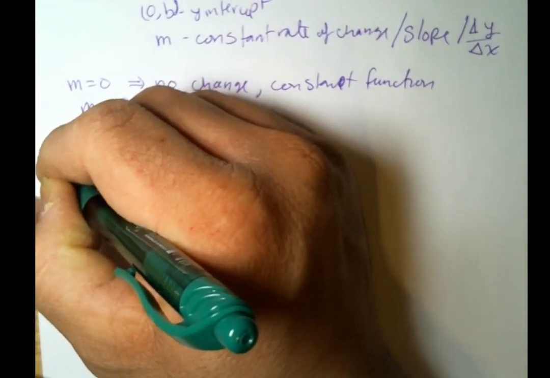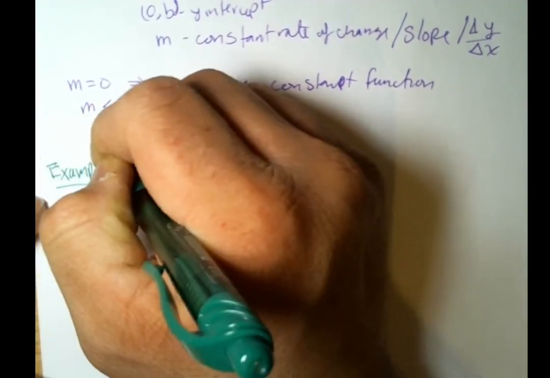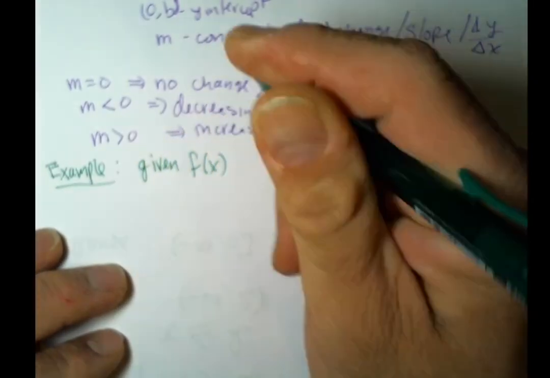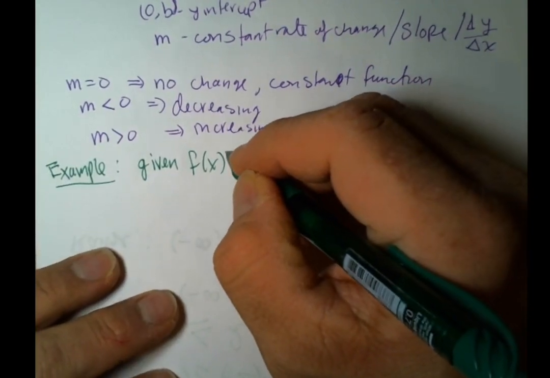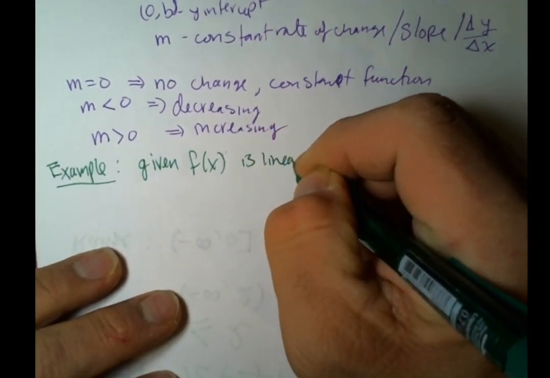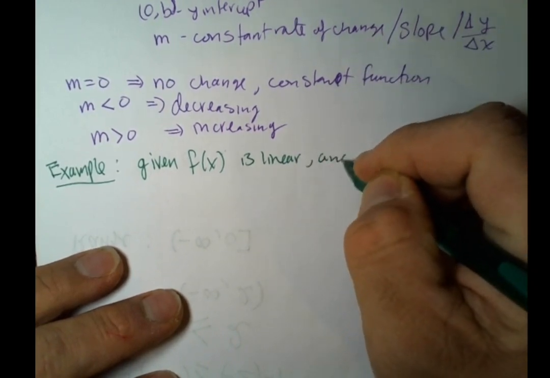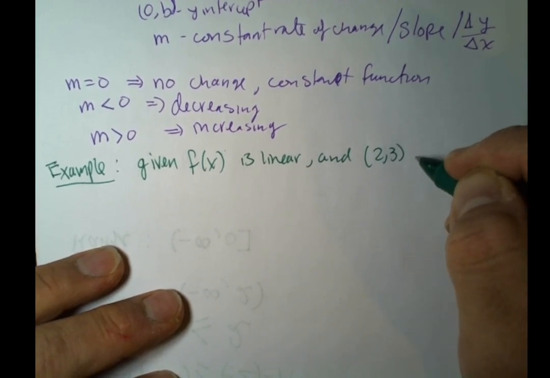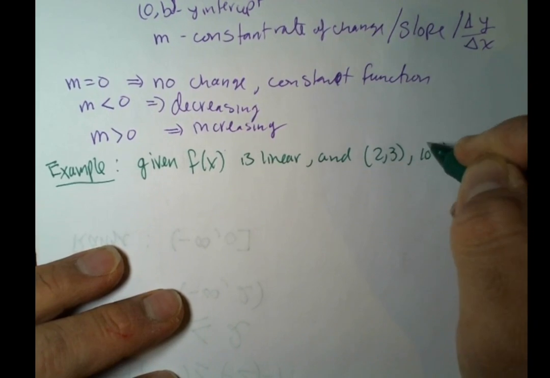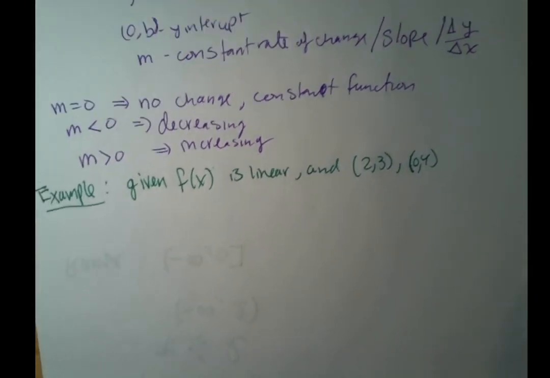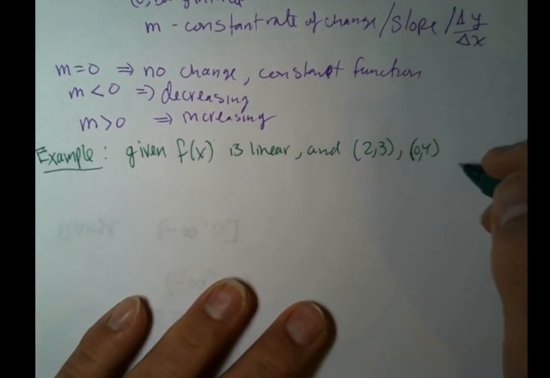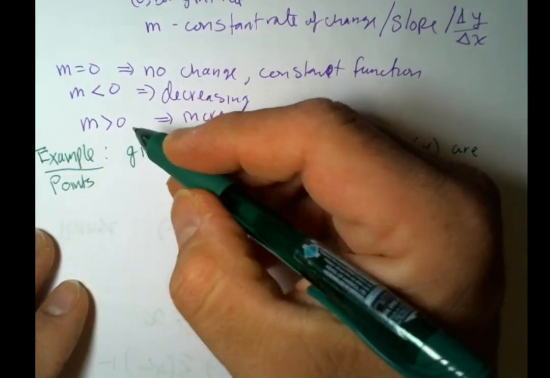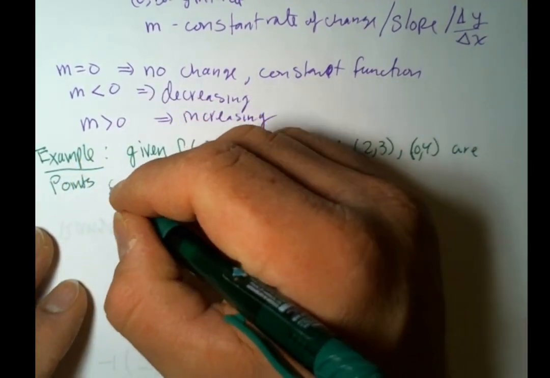Let's say we are given that f of x is linear, and (2, 3) and (0, 4) are points on the line.